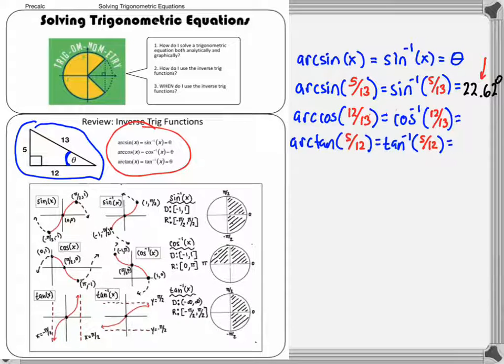Okay, so I have the arc cosine and the arc tangent all set up there, and to show how they got set up, I have the cosine, which is going to be 12 over 13, adjacent over hypotenuse, and then I have tangent, opposite over adjacent, that's where the 5 over 12 comes from, and they're all going to equal the same thing.